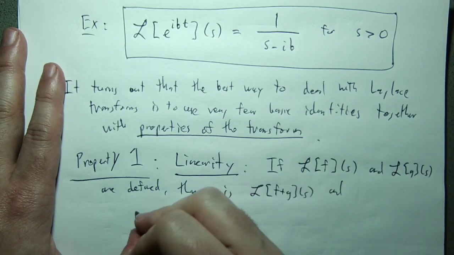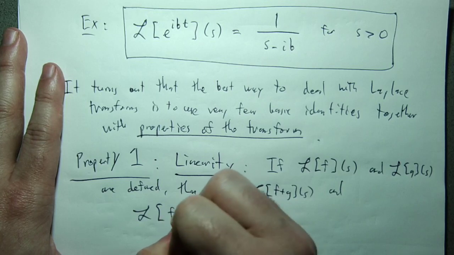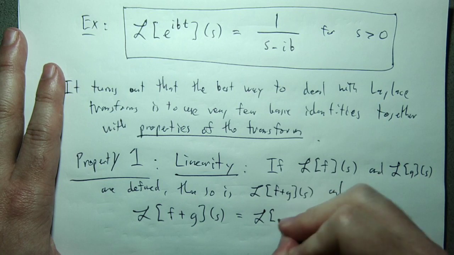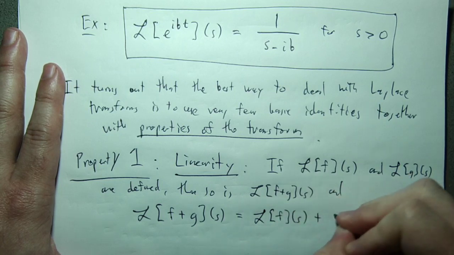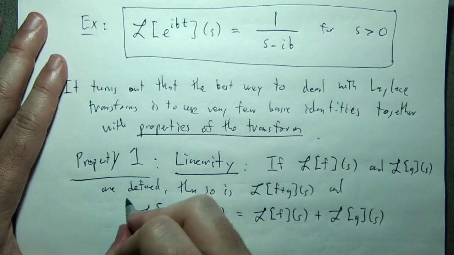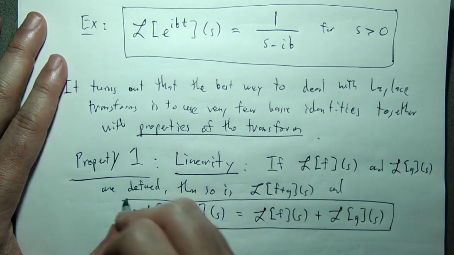And guess what? The Laplace transform of f plus g is the Laplace transform of f plus the Laplace transform of g. Okay, so it is linear in this way.